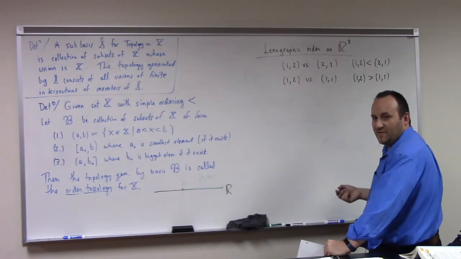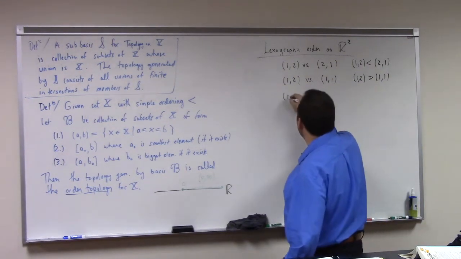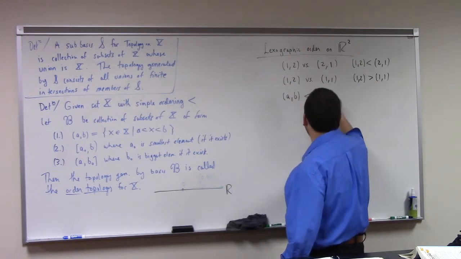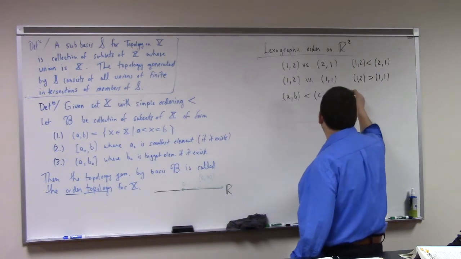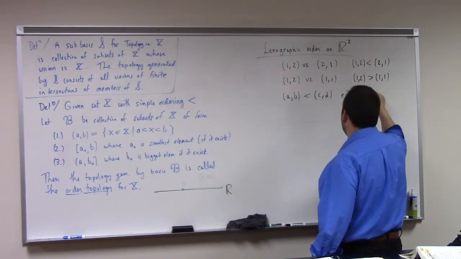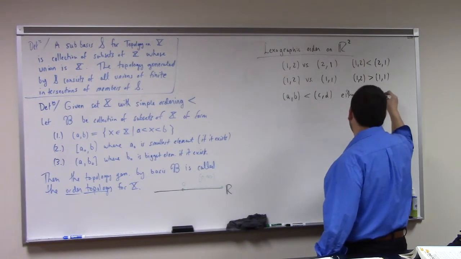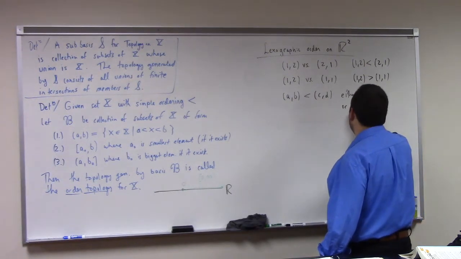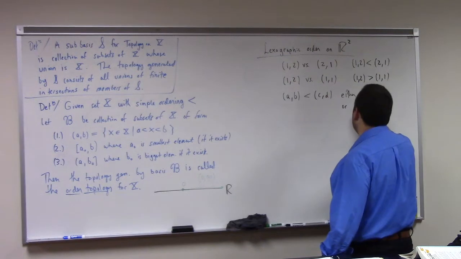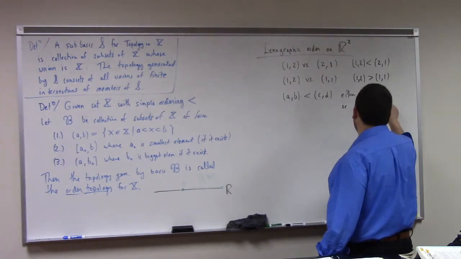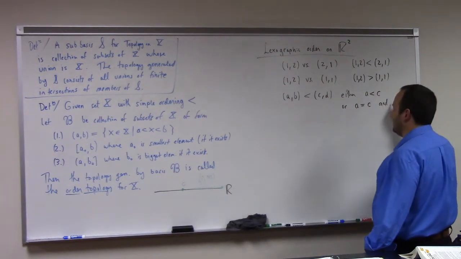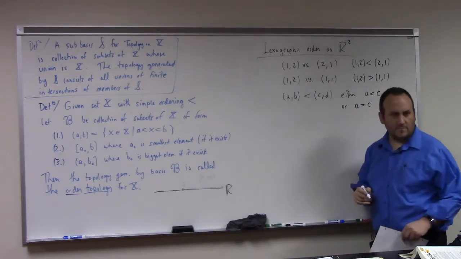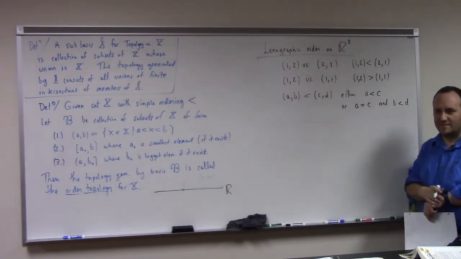Hence the lexicographic ordering. So if we have AB is less than CD, either we have A is less than C, or A is equal to C and B is less than D. Is that right, the way to say it?